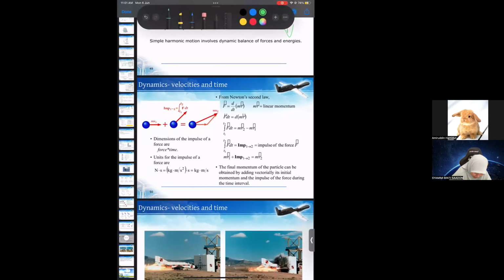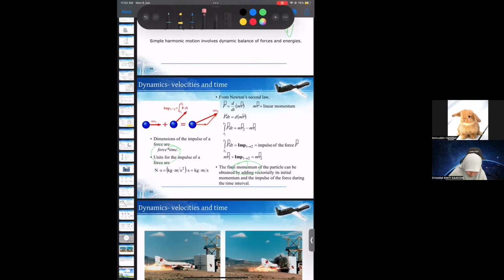The impulse of a force is the force multiplied with time. The final momentum of the particle can be obtained by adding vectorially its initial momentum and the impulse of the force during the time interval. In order to calculate the momentum of a particle, we need to take into consideration the impulse of the force.